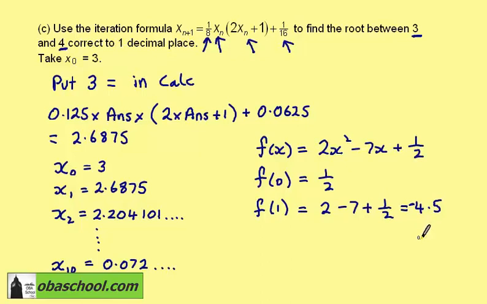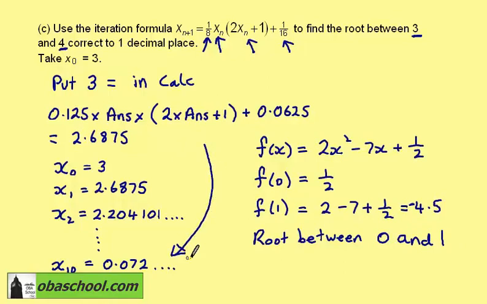This change of sign implies that we have a root between 0 and 1. So our iteration has taken us to this root, the root between 0 and 1, despite the fact that we started with x0 equals 3, very close to the root between 3 and 4.